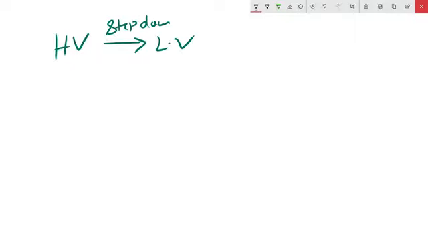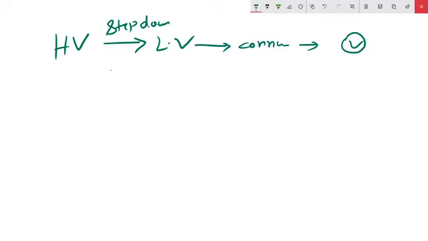If you want to measure a heavy voltage, you can't use a small measuring instrument directly, as that will damage the instrument. So what we are doing is taking that heavy voltage connection and converting it to a low voltage. We have high voltage, and we are stepping down to low voltage. In the low voltage side we connect a voltmeter.